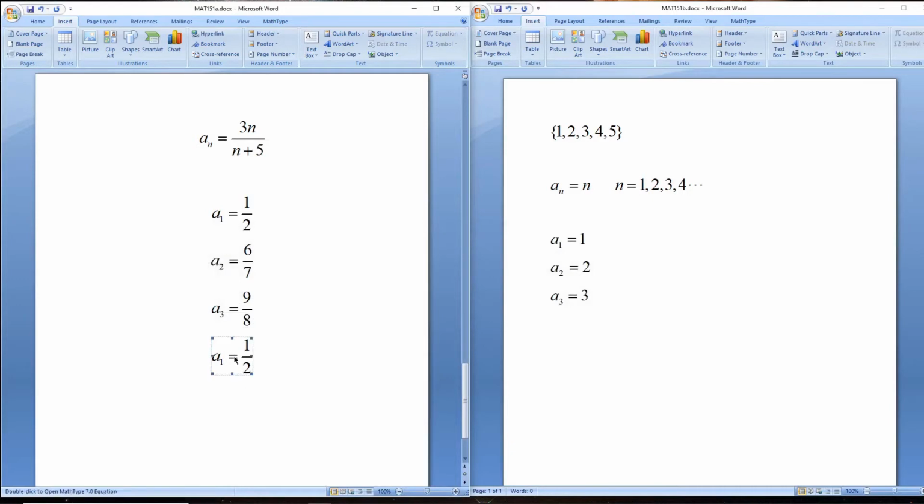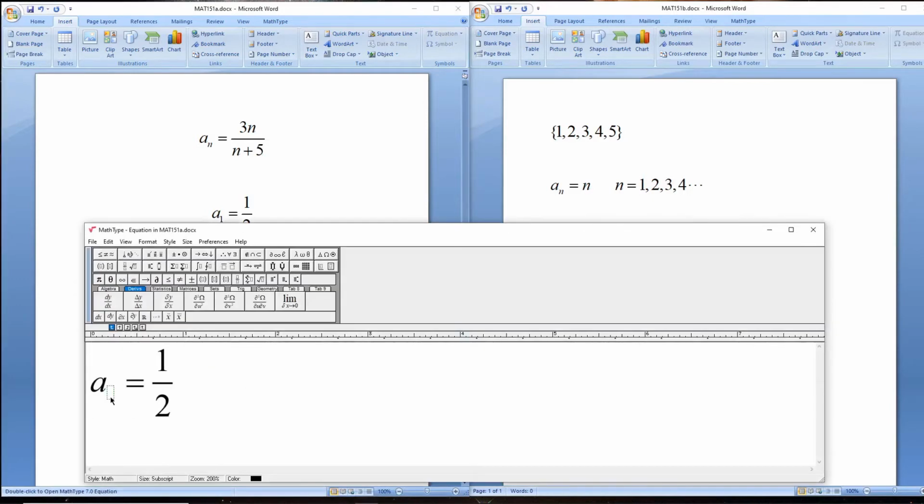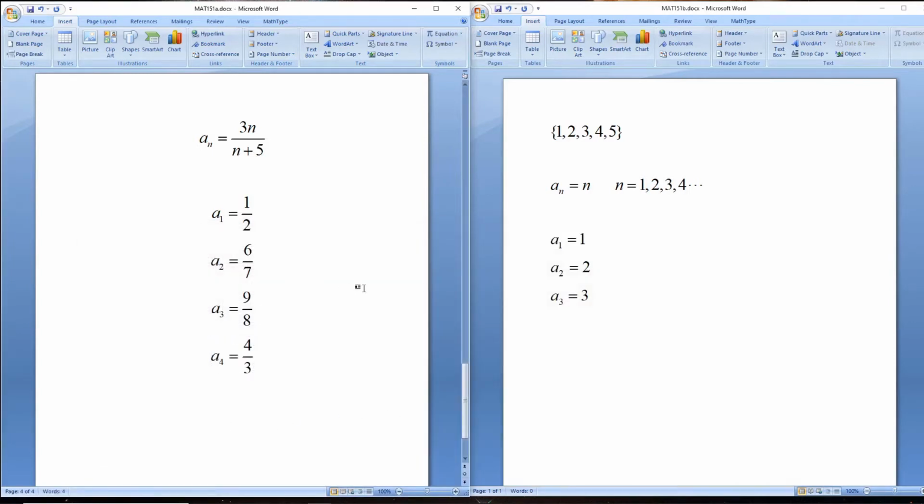And then finally, for our fourth number in this sequence, when n equals 4, the numerator would be 12 and the denominator would be 9. And this does simplify to 4/3. And there are the first 4 numbers of our sequence.